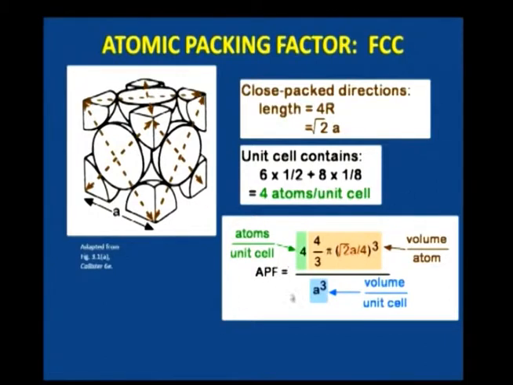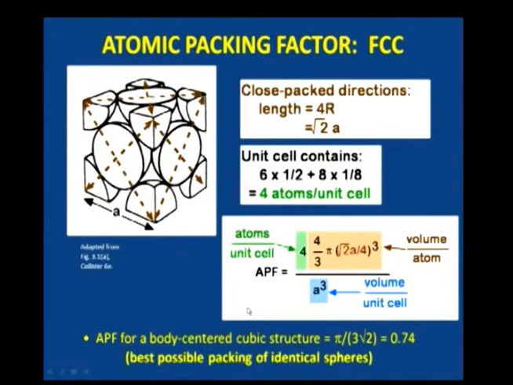So, substitute all these things, cancel A cube with A cube in the denominator and the numerator, and you are left with the constants that will give you the following number, 0.74. The APF value for the face centered cubic structure will be 0.74. It means 74% of the cell volume is occupied by atoms.